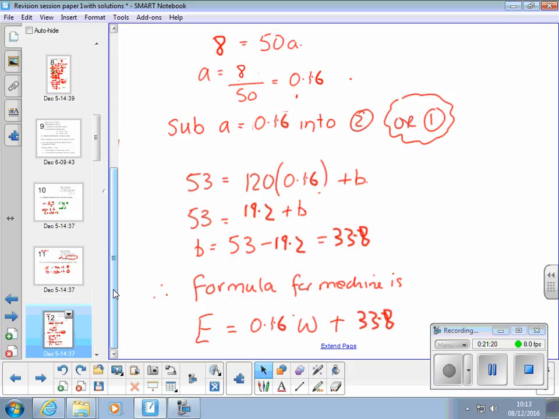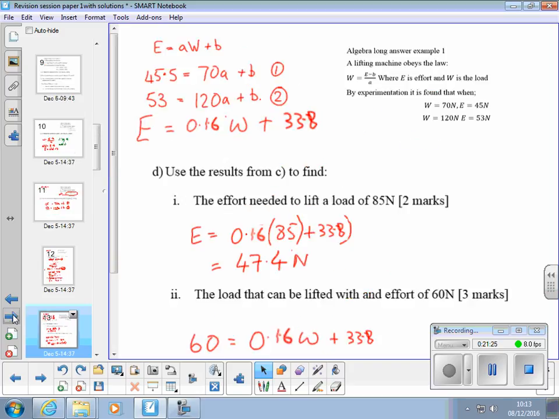How many marks is that altogether so far? 10. The next bit is to use that formula twice. So your E is 0.16W plus 33.8, to find the value of effort needed to lift a load of 85 newtons. Just substitute 85 in for W in the equation, and come up with 47.4 newtons, 2 marks.